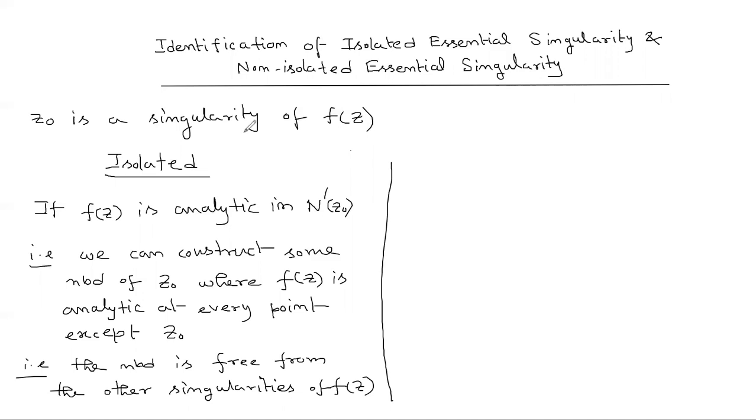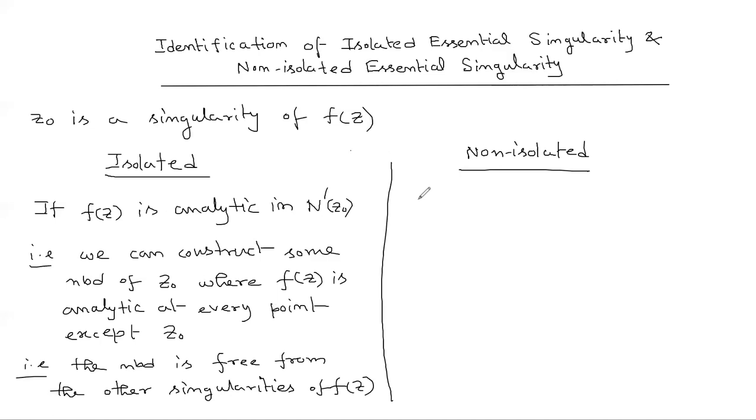Now, Z0 will be called non-isolated if we are unable to construct such a neighborhood. That means we cannot find any neighborhood of the point Z0 which is free from some other singularity of the function fz.